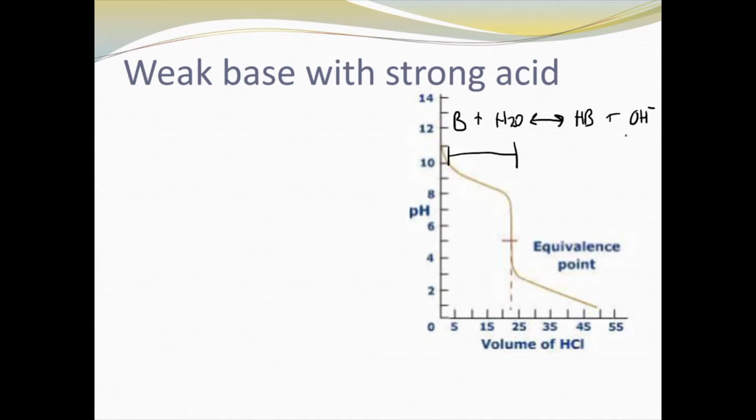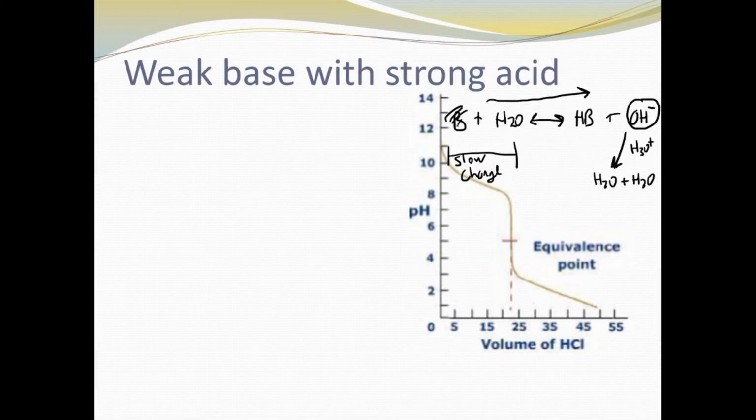As you add a strong acid, it will create water in a very similar fashion to the weak acid strong base curve. As the hydroxide concentration decreases, this equilibrium will shift forward to recreate the hydroxide. So here you have a relatively slow change of pH, because again of the equilibrium shift.